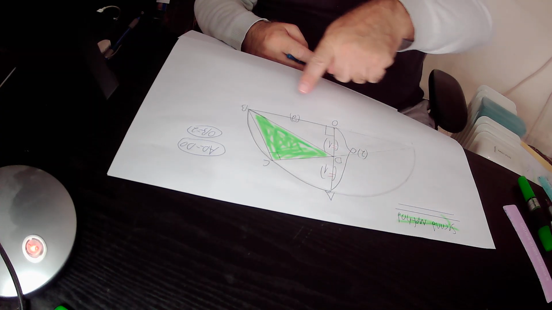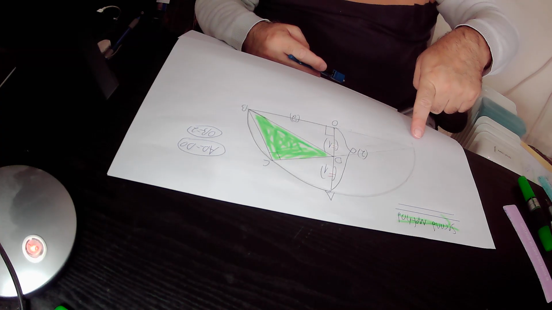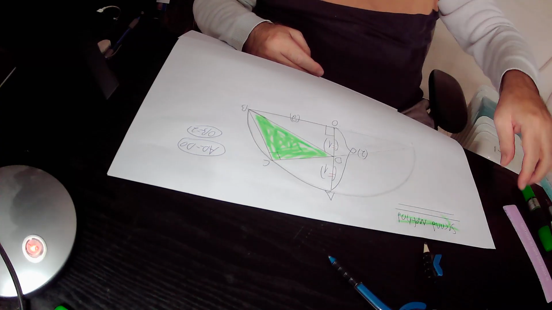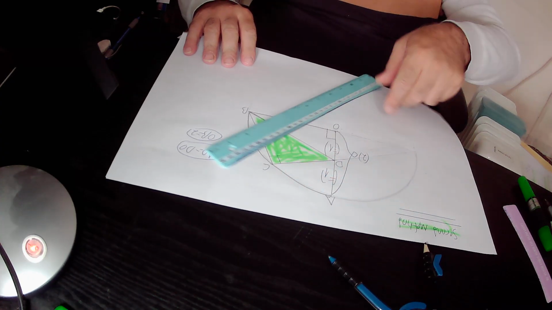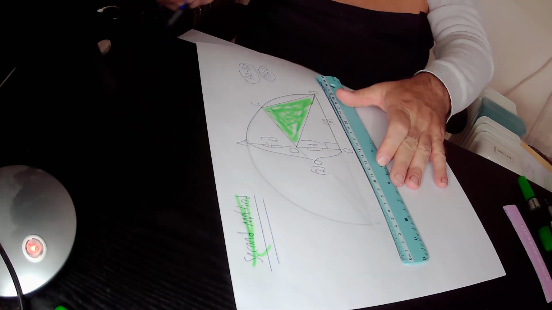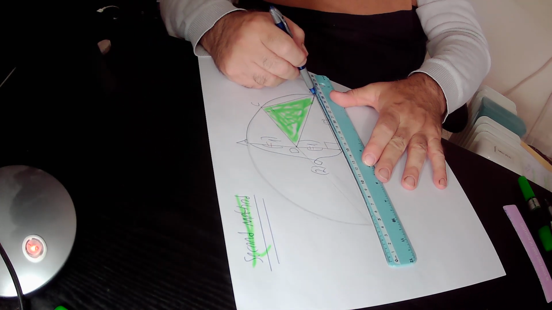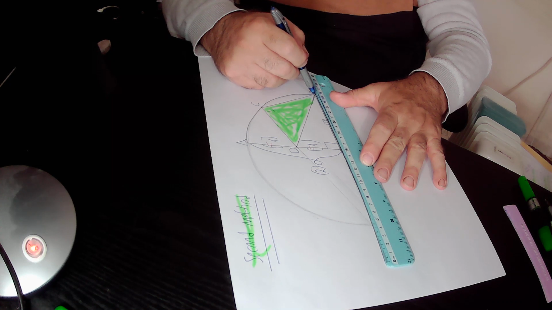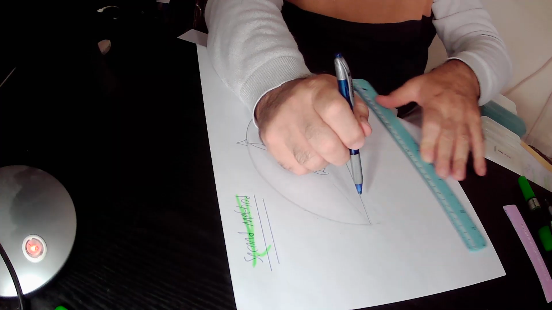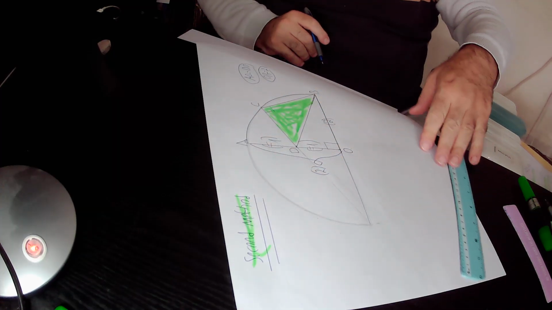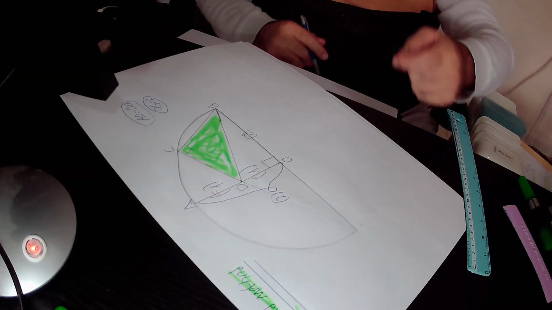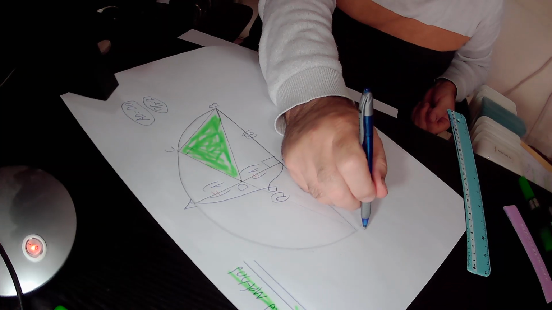We will extend the radius BO by a side line until it touches the semicircle. And we define the touching point of the extended radius BO with this semicircle. This point is point P. Exactly as we did in the first method.